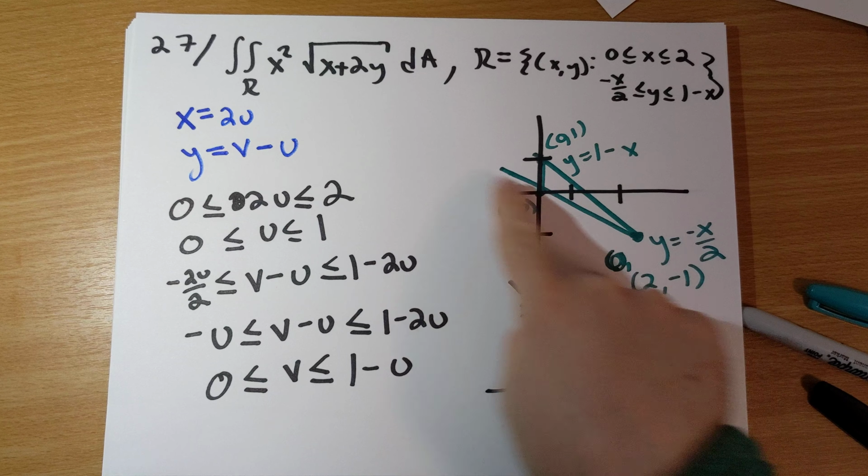Partial derivative of x with respect to u, partial derivative x with respect to v, partial derivative y with respect to u, partial derivative y with respect to v. Those partial derivatives are going to be 2 and 0, and then negative 1 and 1, and this determinant ends up being 2. So we'll throw in a factor of 2 here.